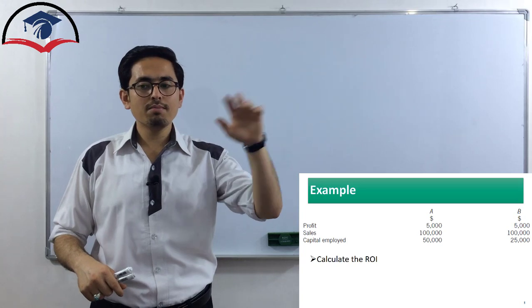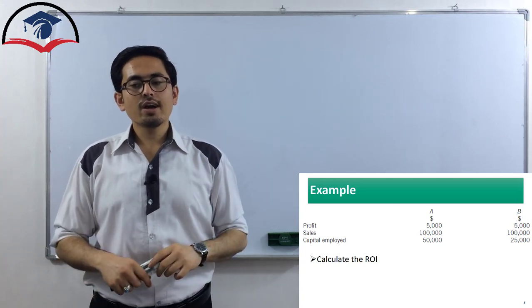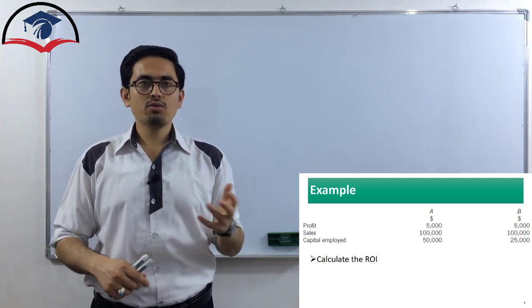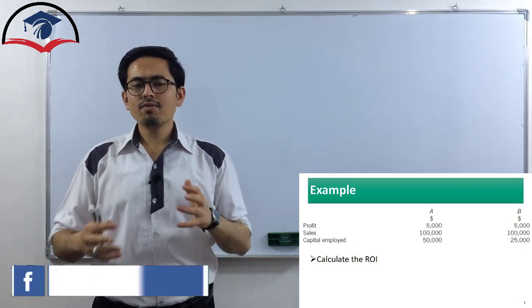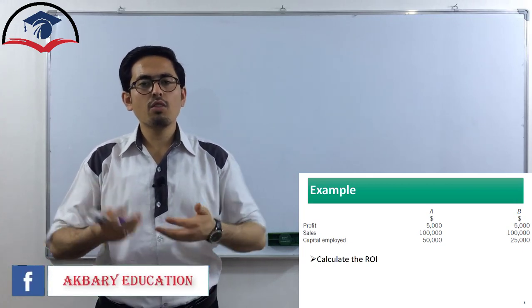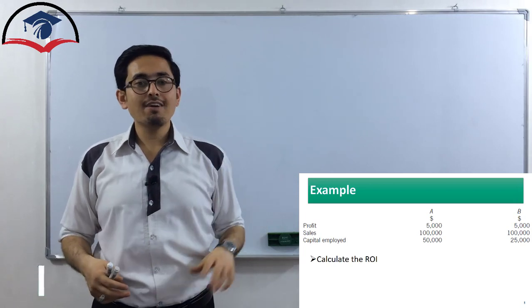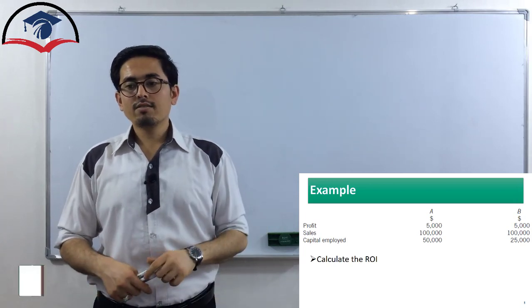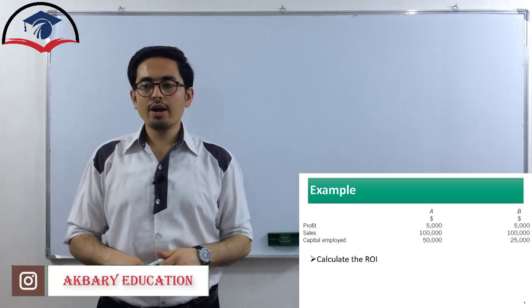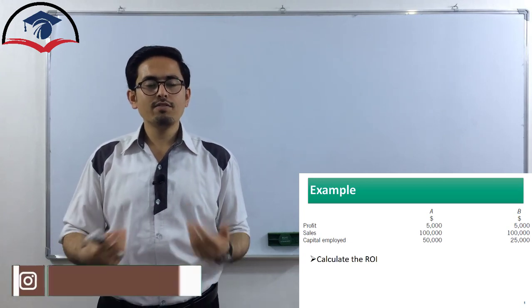Example: say two companies are there and they ask for calculation of ROI, or return on investment, and besides that we will compare which company is doing better. They have the same profit of 5,000, sales of 100,000, and capital employed of 25,000 and 50,000.